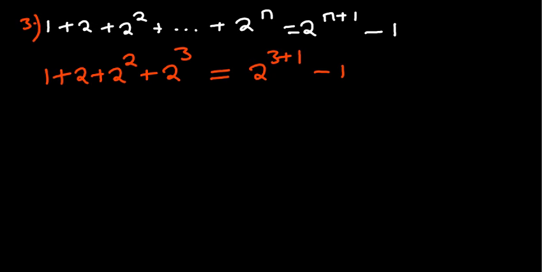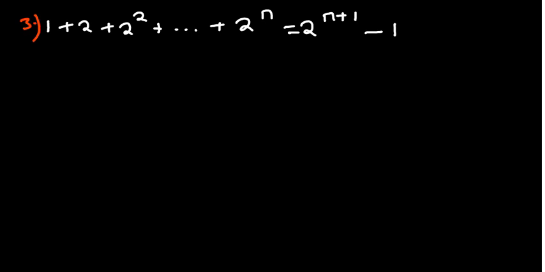Okay, so we need to prove that this formula is going to be true for any case. If you add 1 all the way up to 2 to that power, it should be equal to 2 to that power plus 1 minus 1. Let's come up with a base case.